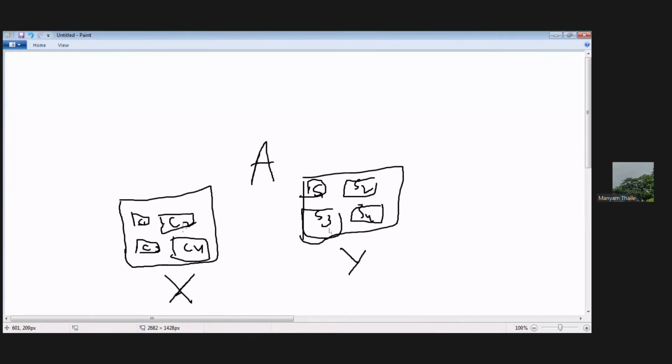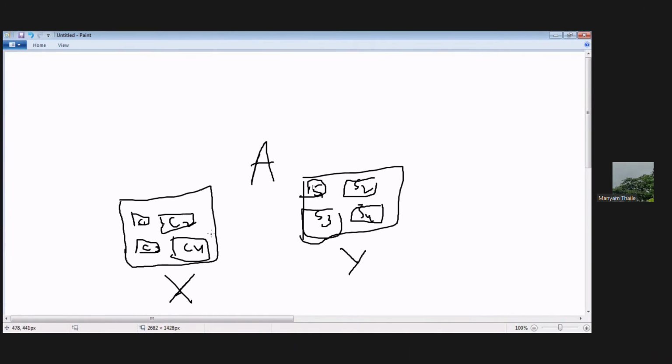So that means here in room X, how many bags are there? 4 bags. In room Y, how many bags? 4 bags. Now I want to find whether an equal number of bags are there or not.